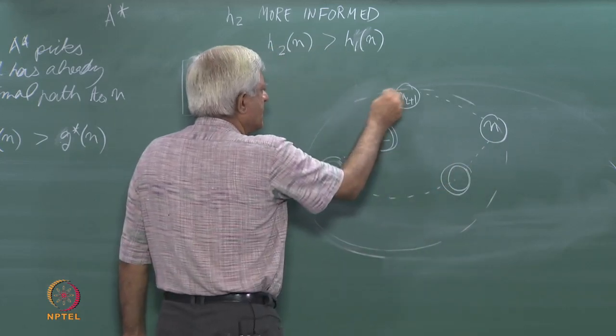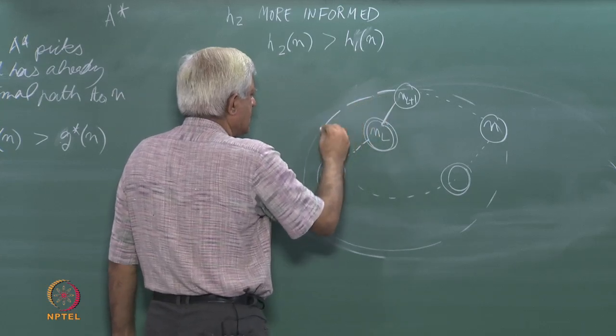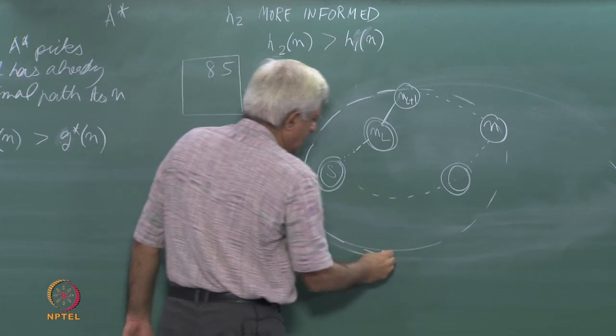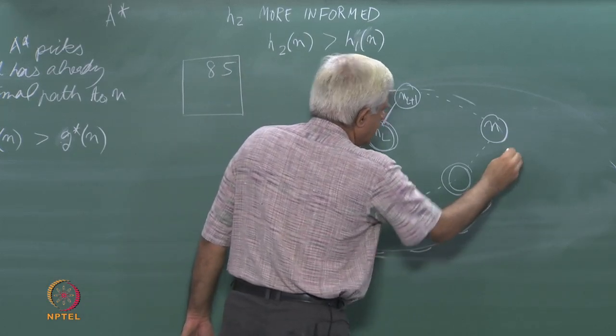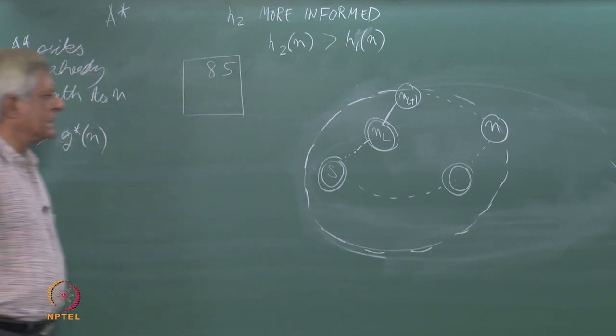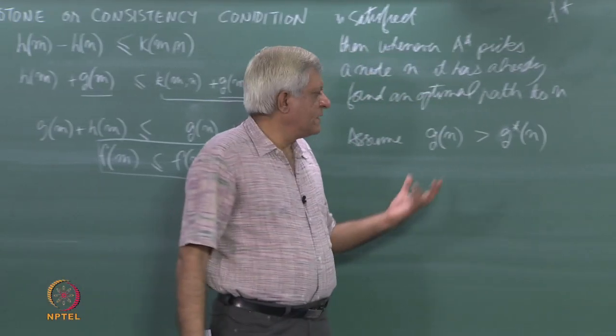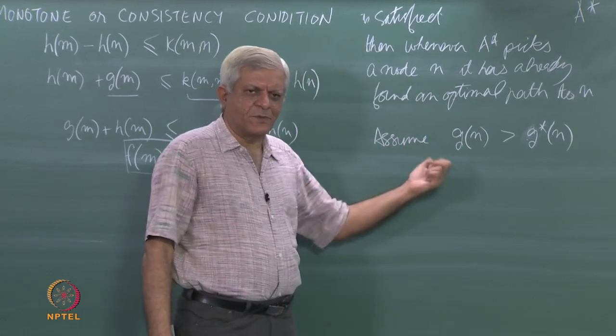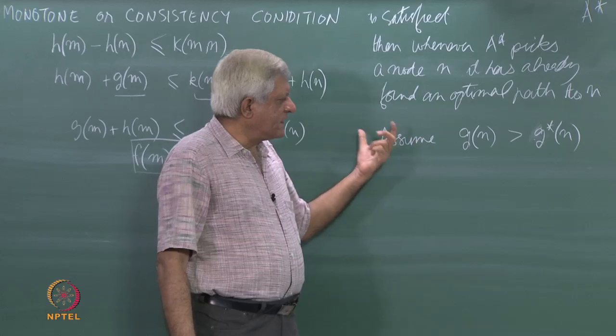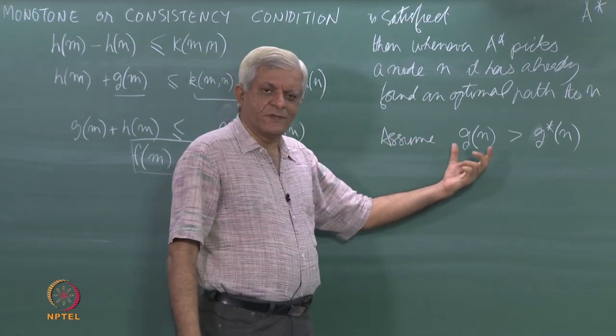So, this is open, and let us say that A star is about to pick this node n, and let us assume that at that point g of n is more than the optimal cost.